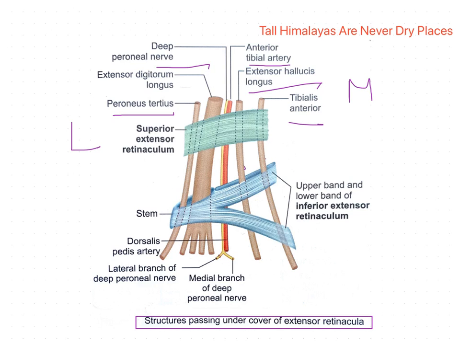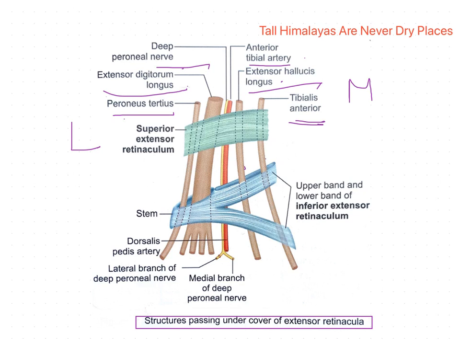So these are the structures passing under the cover of the extensor retinaculum from medial to lateral: the tendon of tibialis anterior, the tendon of extensor hallucis longus, the anterior tibial artery, the deep peroneal nerve, extensor digitorum longus, and peroneus tertius.